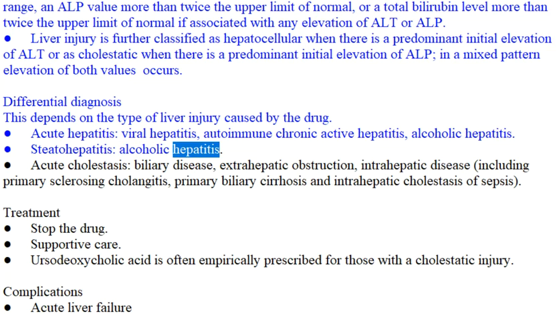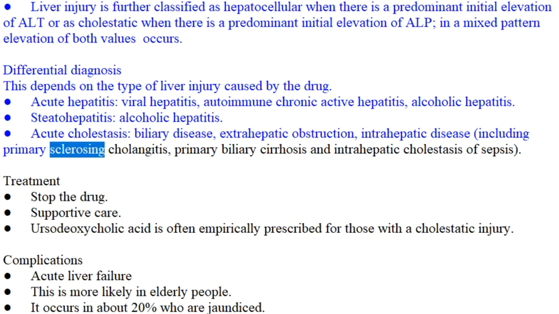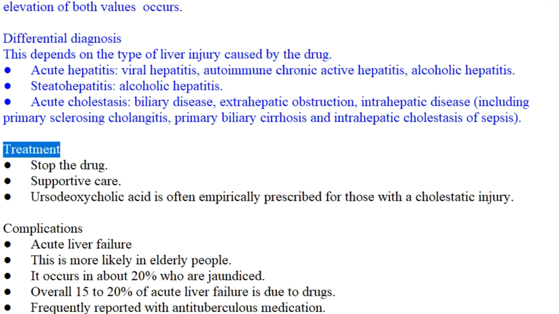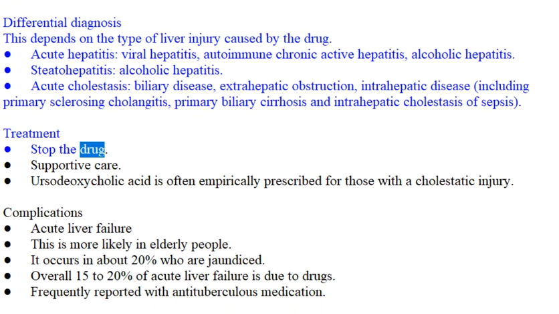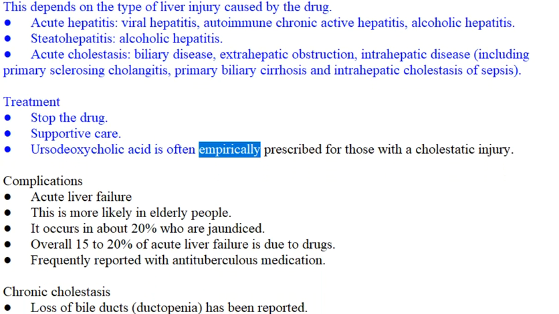Acute cholestasis, biliary disease, extrahepatic obstruction, intrahepatic disease, including primary sclerosing cholangitis, primary biliary cirrhosis and intrahepatic cholestasis of sepsis. Treatment. Stop the drug. Supportive care. Ursodeoxycholic acid is often empirically prescribed for those with a cholestatic injury.